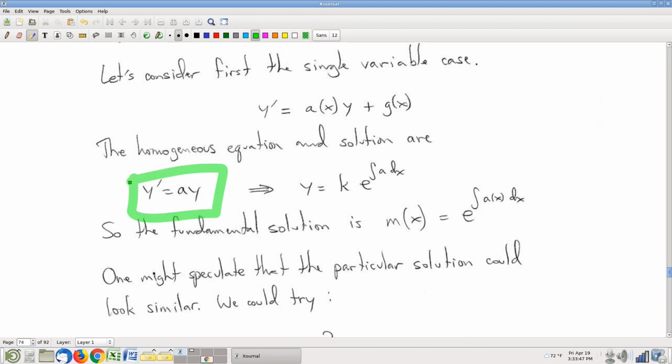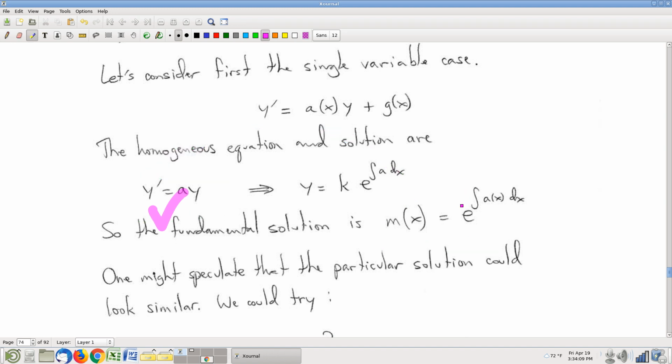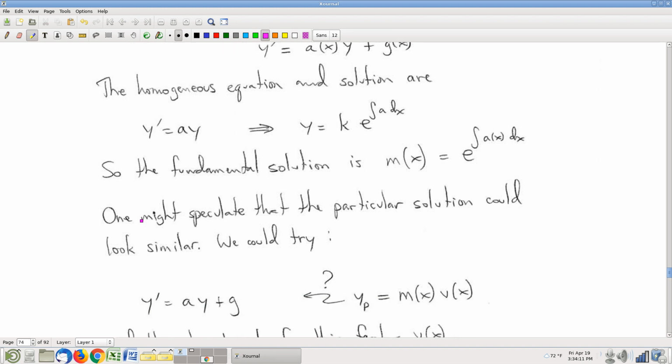If you look at a homogeneous differential equation, neat observation, this always works in that differential equation. Even if A is not a constant, even if A is a function, as long as it's continuous. That always works. That's kind of a neat observation. So let's start back with the homogeneous case here.